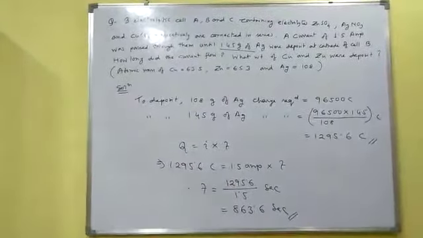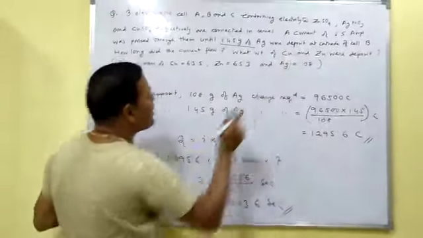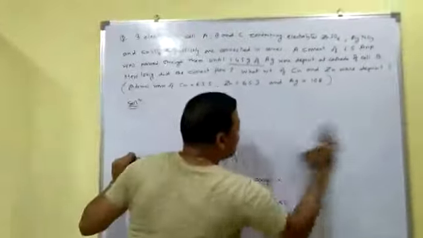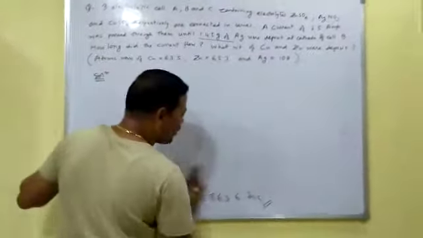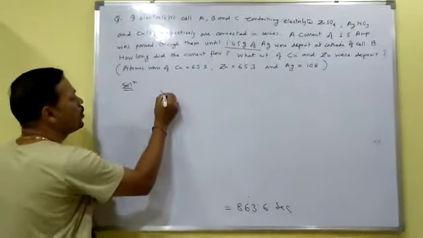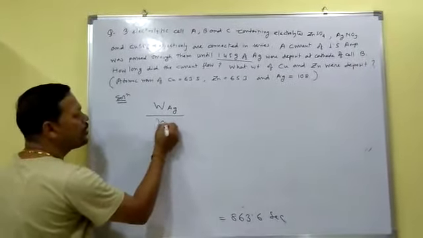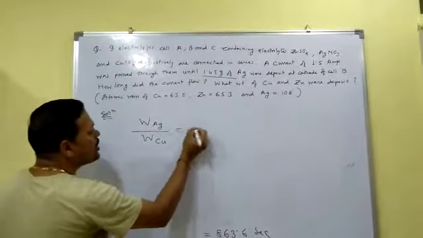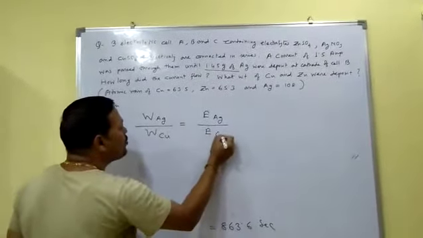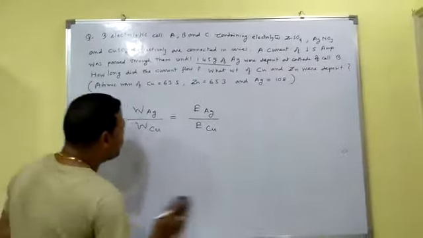Now I'll find out what weight of copper and zinc were deposited. To do this, we will apply the second law of Faraday. Weight of silver divided by weight of copper is equal to equivalent mass of silver divided by equivalent mass of copper. You can apply this formula, which you already have from the second law.